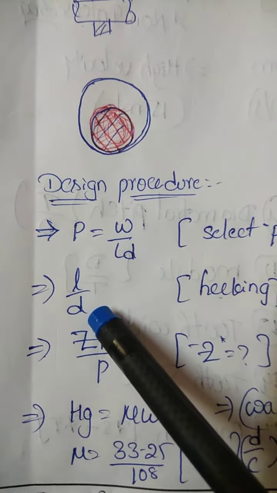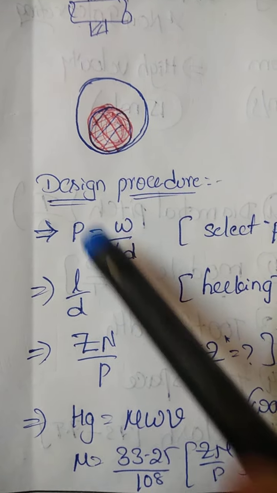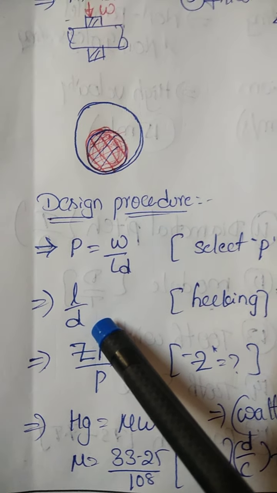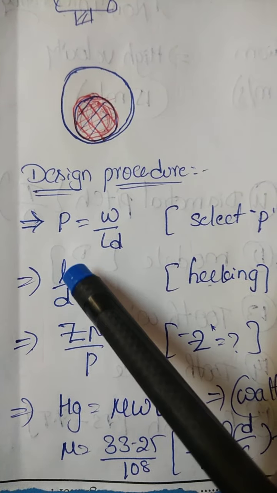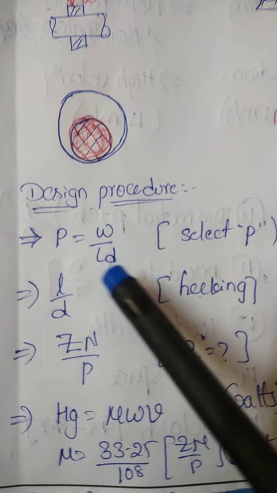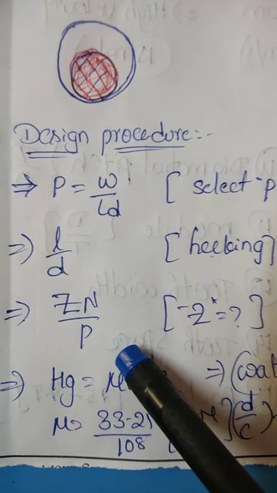Wherever you have selected the pressure, there you have to compare with the L by D ratio you obtained. If you got less than the L by D ratio in the design data book at the pressure condition, then these selected dimensions, the L, D and pressure values are suitable. Next step, you have to find out the ZN by P.